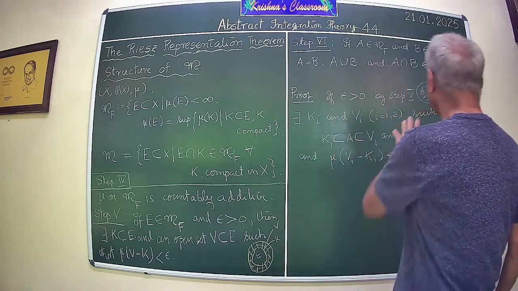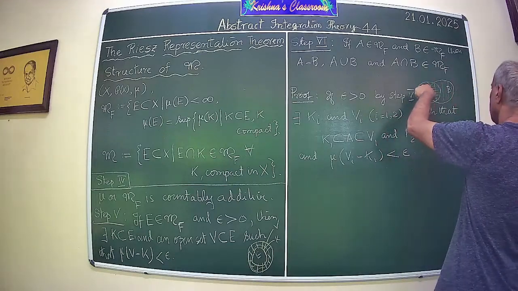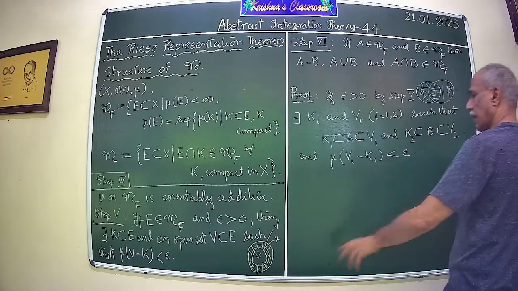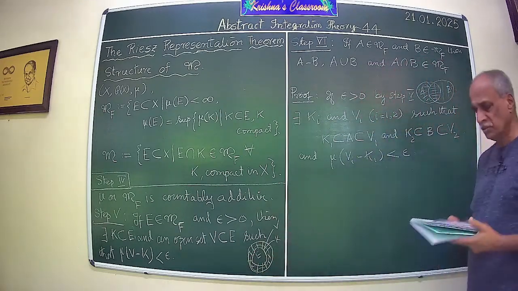So we have two sets: you have got V1 and K1 here, V2 and K2 here, and these properties are satisfied.